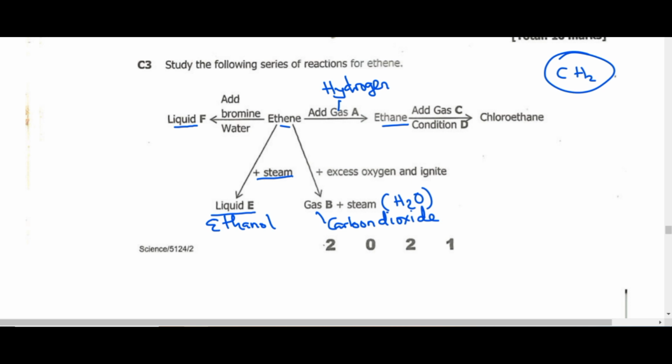And then we have gas C. What will guide us is the product here, and then we have also the condition. Now this gas is chlorine gas, because we have chloro.